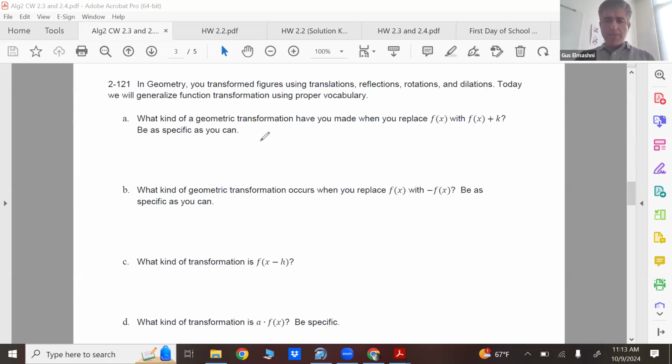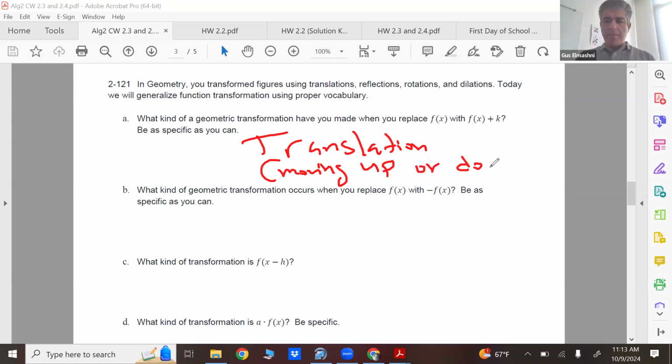We call that a translation, and that's because you're moving up or down. Okay. Here, that's going to be a reflection over the x-axis.